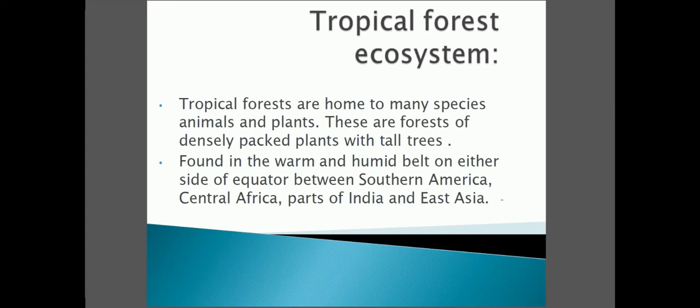Mostly tall trees and dense forest make up the tropical forest ecosystem. They mostly exist in the warm and humid belt on either side of the equator, between South America, Central Africa, and parts of India and Asia.